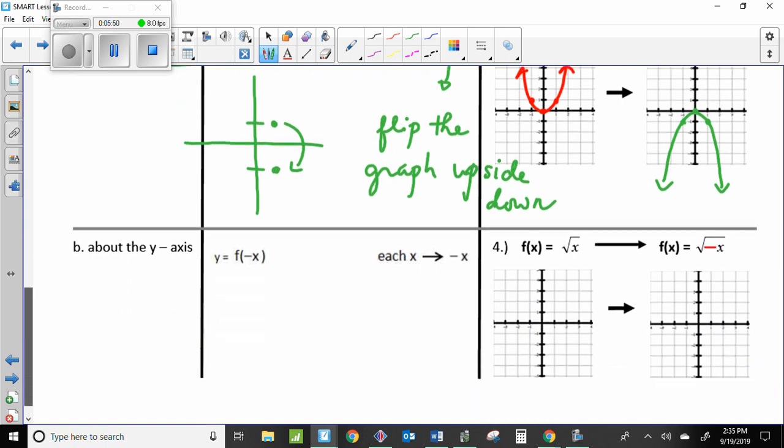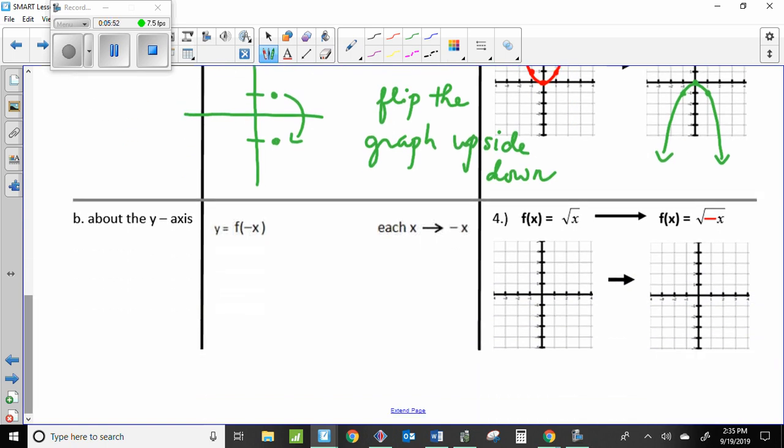Now, another reflection is a negative in front of our x. An example to that would be y is equal to the greatest integer of negative x. Another example could be y is equal to the square root of negative x, like what we have in our example.